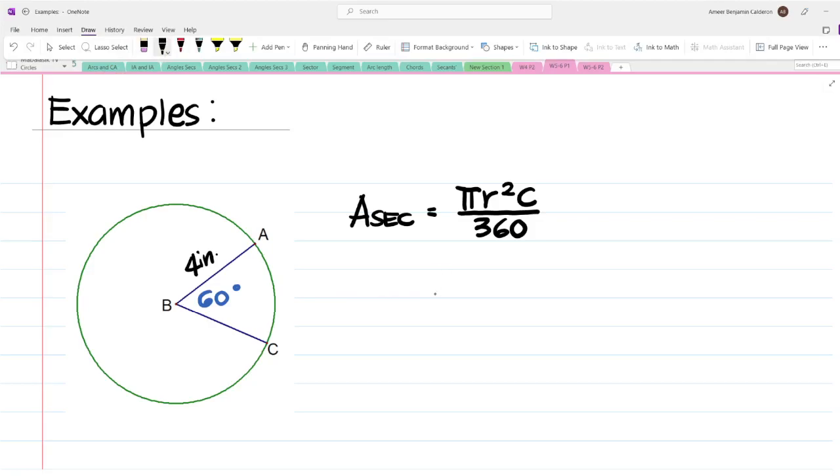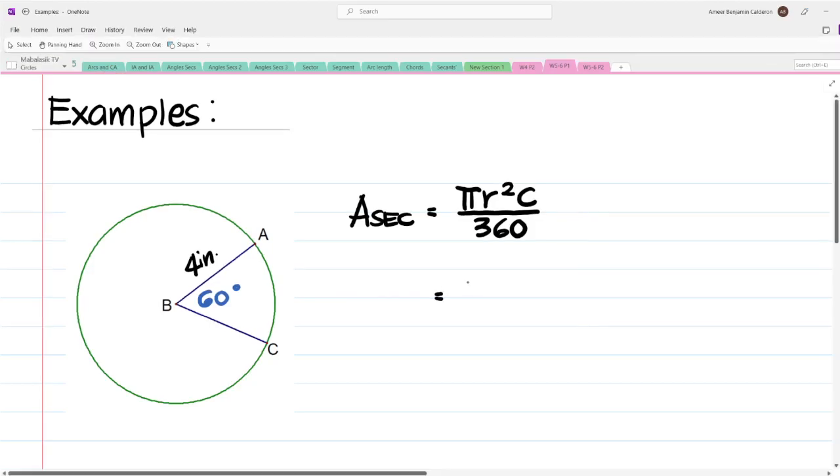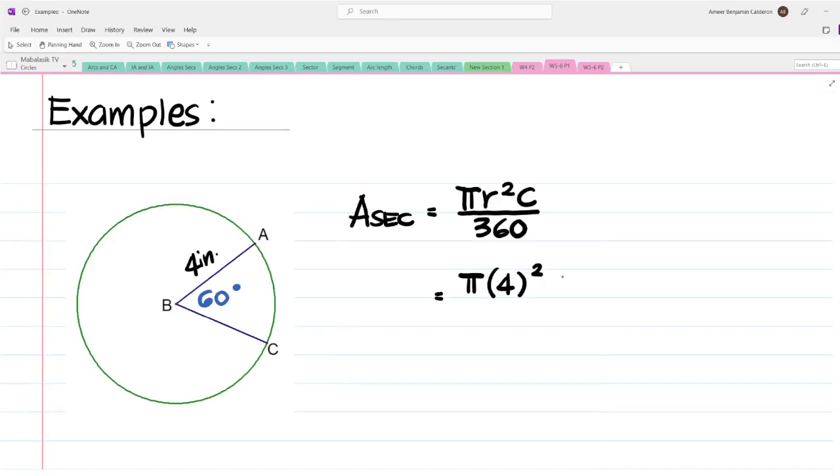So pi is still pi. We will not use 3.14 unless otherwise instructed. R is 4 squared. C is 60 degrees all over 360.